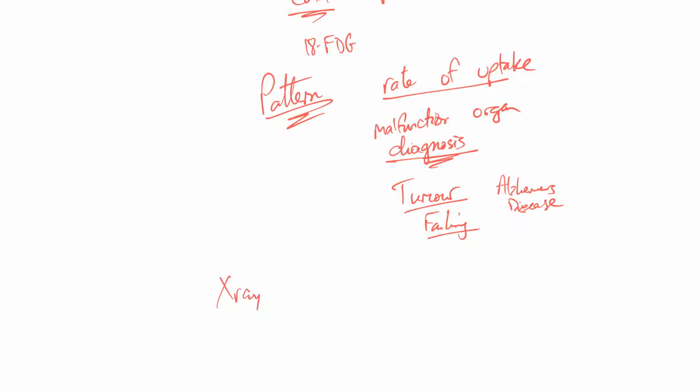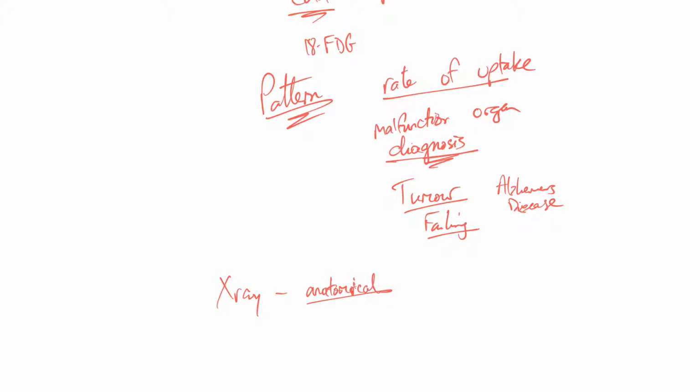X-rays, remember, are mainly anatomical. They're not tracing things happening over time. They're not tracing the uptake of materials, and they're more useful for just looking at the anatomy, the position, the structures, whereas radiopharmaceuticals, PET scanning, and radioactive tracers are much better for looking at the way organs are functioning.